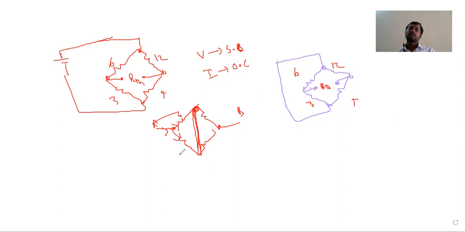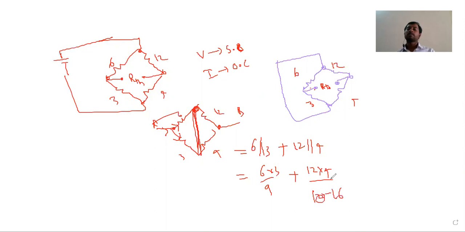The 6 and 3 are in parallel, and the 12 and 4 are in parallel, and these two combinations are in series. So 6 into 3 by 6 plus 3, which is 2, plus 12 multiplied with 4 over 12 plus 4, which is 3. The total is 5 ohms. So finally RThevenin is 5 ohms.